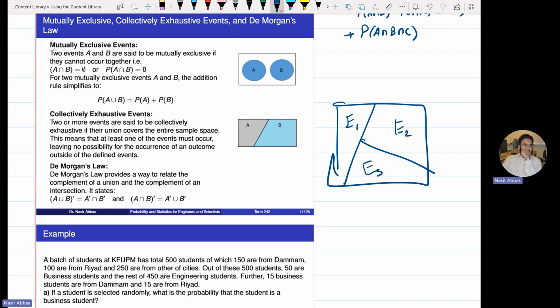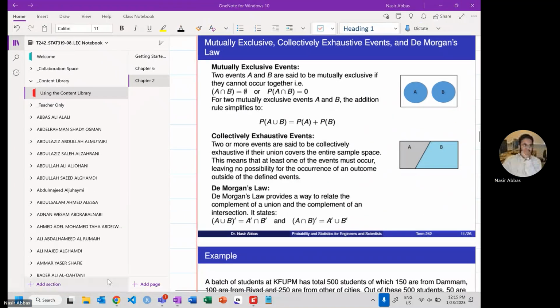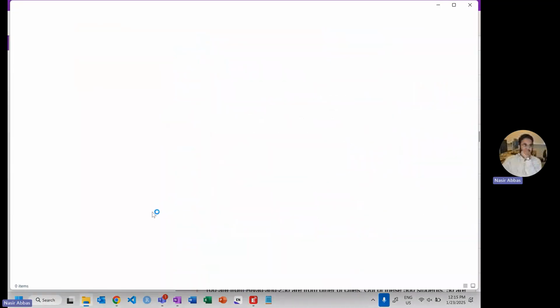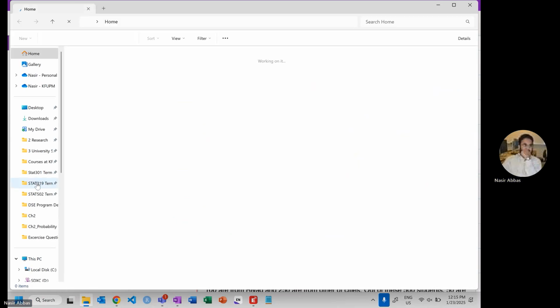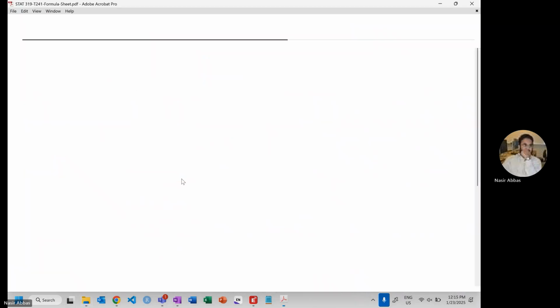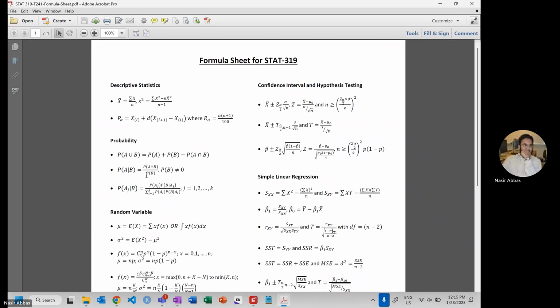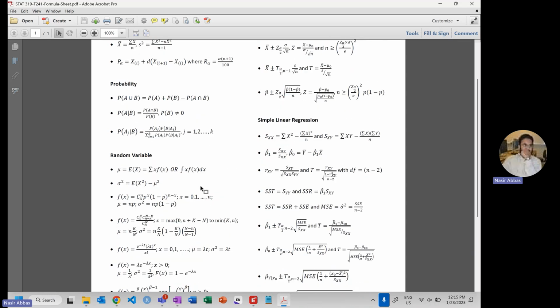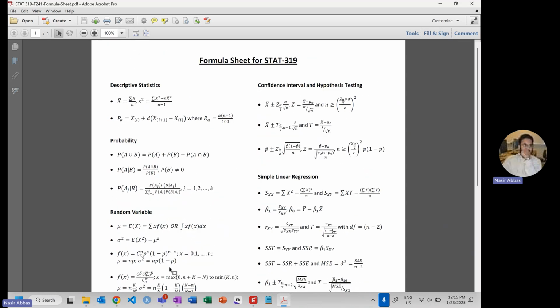And then finally, De Morgan's law. Let me confirm if this De Morgan's law is given in your formula sheet or not. I think it should be given. No, it is not given, which means you need to remember De Morgan's law.